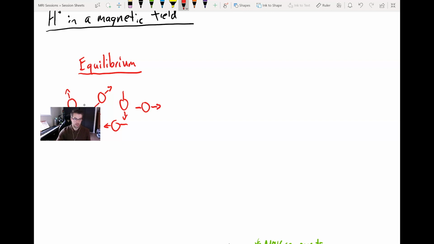So there's just a bunch of hydrogen atoms, and the net result of this little collection of many hydrogen atoms is no magnetization, right? If that doesn't quite make sense intuitively, the concept here is that if all of these hydrogen atoms were pointed in the same direction, then their magnetic fields might add up and cause there to be a larger magnetic field that could influence other tissue or other objects.